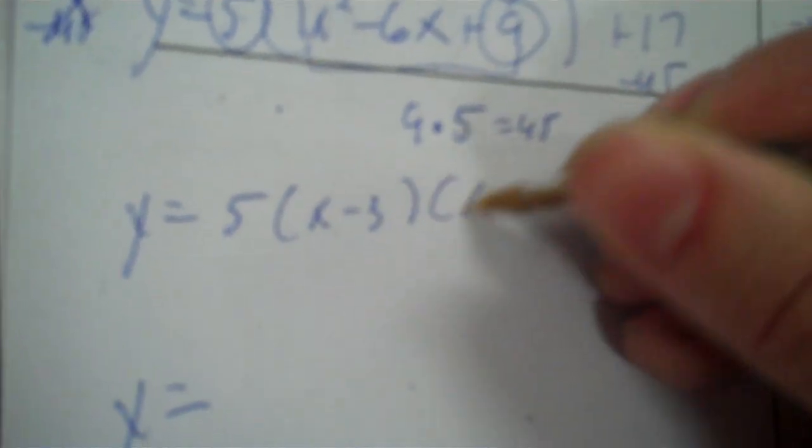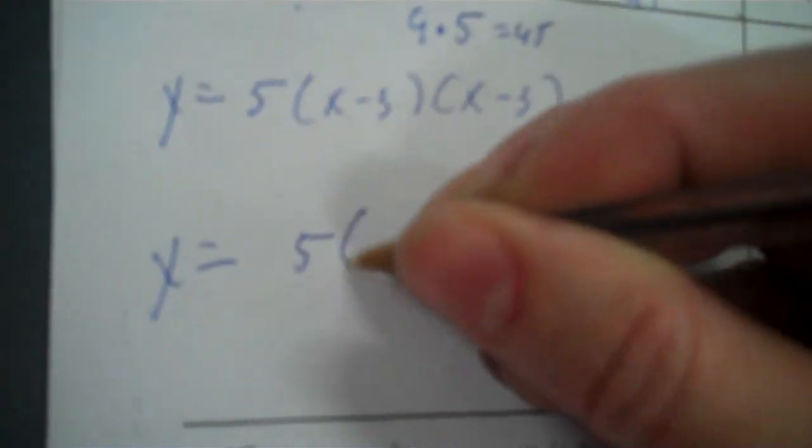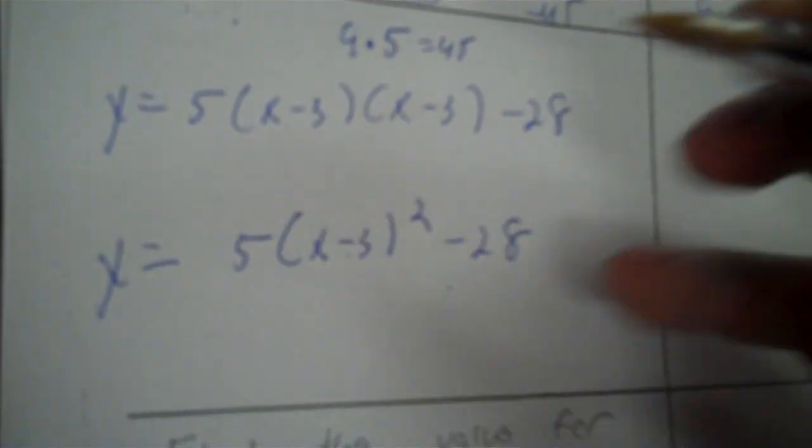Because remember, all I do is end up taking the 1s off anyway, and a is always going to be a 1, so then I go 17 minus 45. That's going to be negative 28. So you have 5, and then x minus 3 to the second power minus 28.